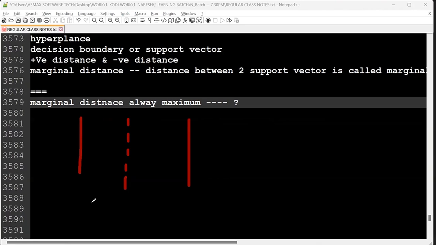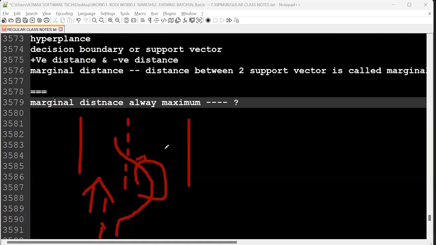Assume a heavy truck is going this way. There is no space for other vehicles to go, isn't it? So how does this vehicle go? This vehicle will come here and pass like this, or not? That means, is this an error or not, guys? On this side, these points are errors.